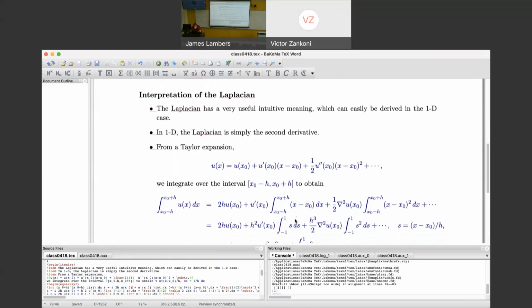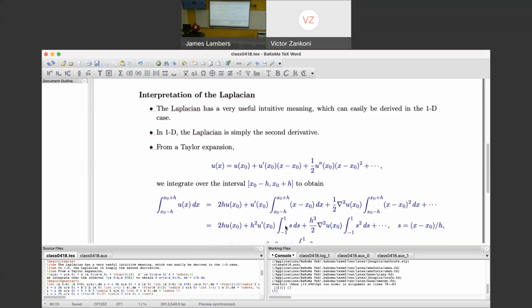But for convenience, I do a change of variable. I define s to be x minus x naught over h. And the reason for that is it maps the interval x naught minus h, x naught plus h to the interval -1 to 1, just to make the integration more straightforward. So as a result, these factors like this h squared here, this h cubed here, come about from making that substitution.